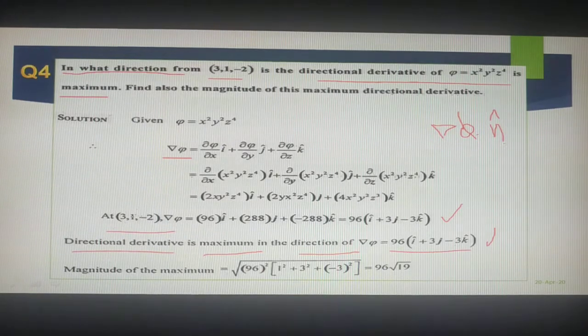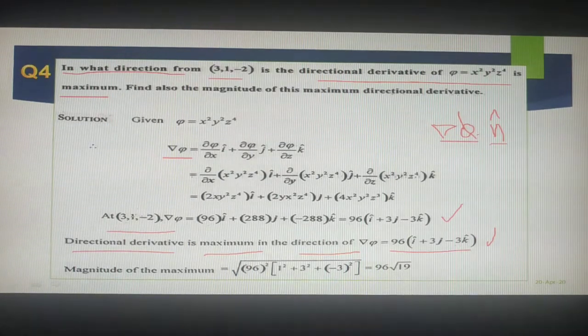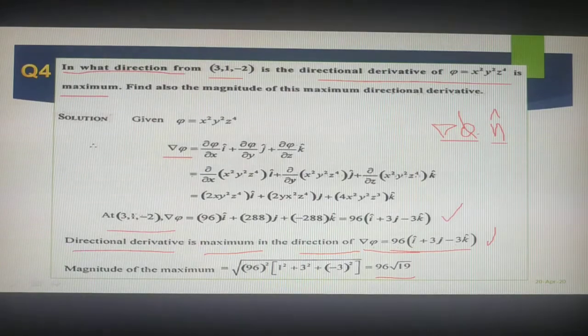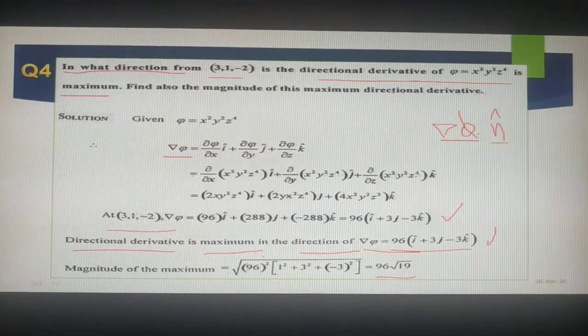So n cap is nothing but, as you know already, del pi by mod del pi. So here del pi dot del pi, we will get some scalar value. Under root mod del pi is also some scalar value, some magnitude. So overall we are going to get the same result. That's why I just wrote the same thing, because we will get the maximum in that direction.